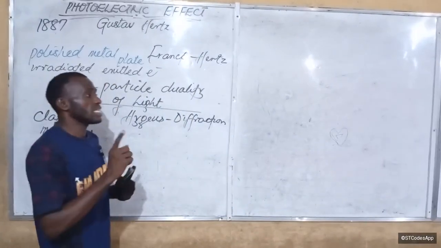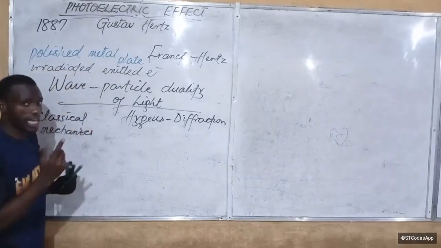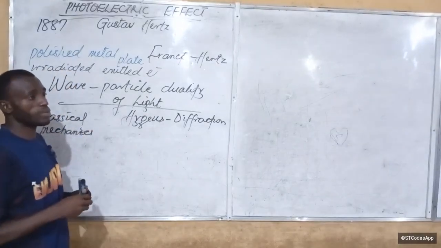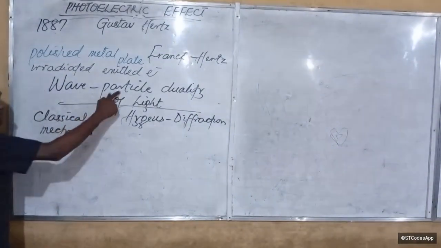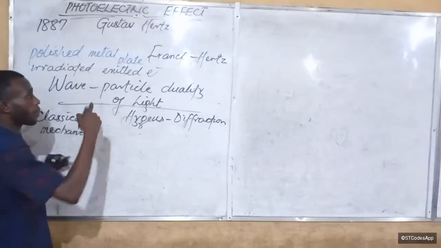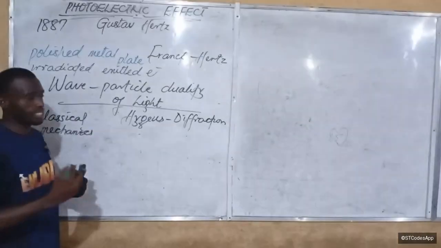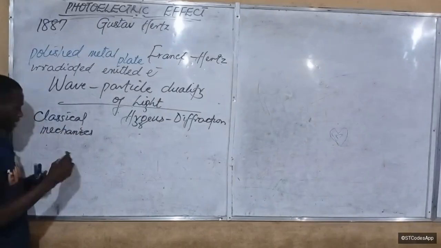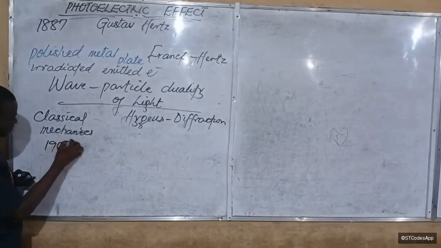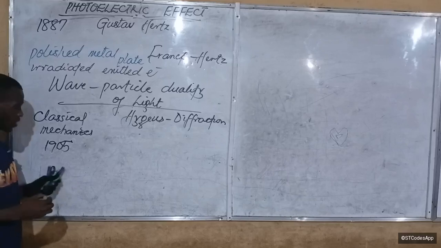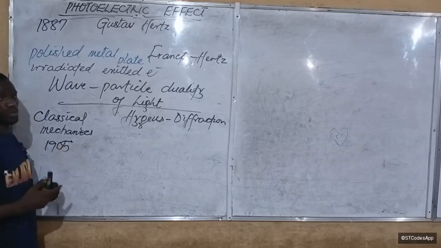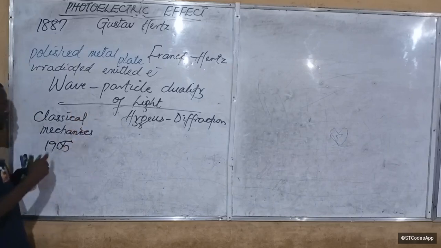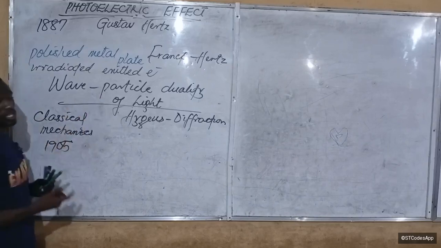It was found out, especially by Albert Einstein, who revived the particulate or particle theory of light. Albert Einstein in 1905, which was when he also propounded the theory of relativity. So between 1904 and 1905, he revived that theory of the particulate nature of matter.